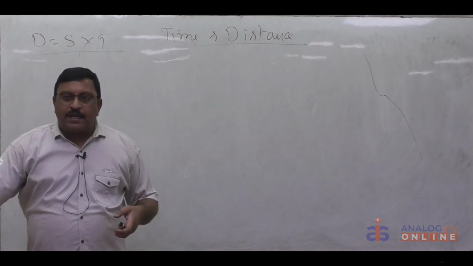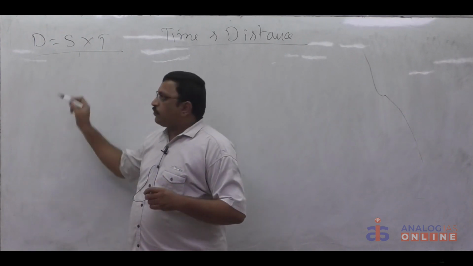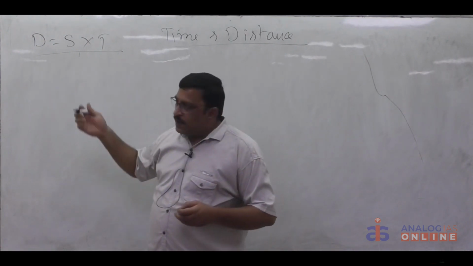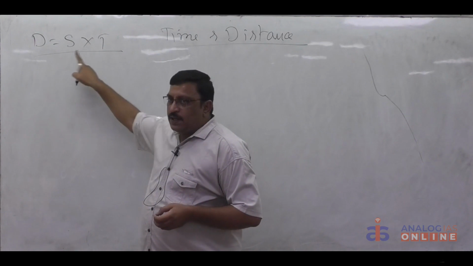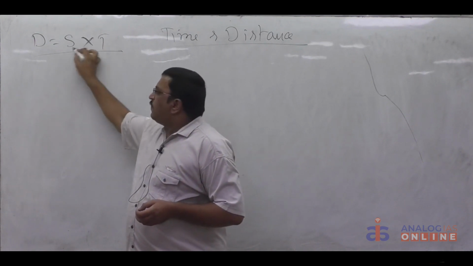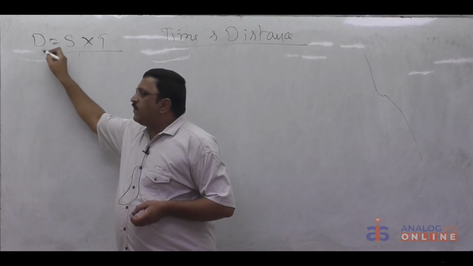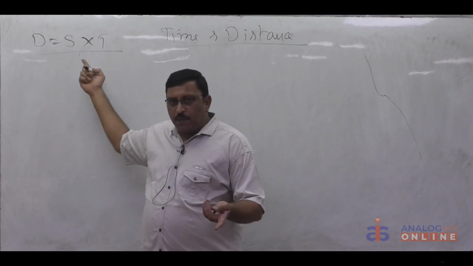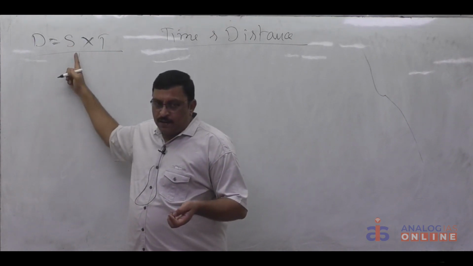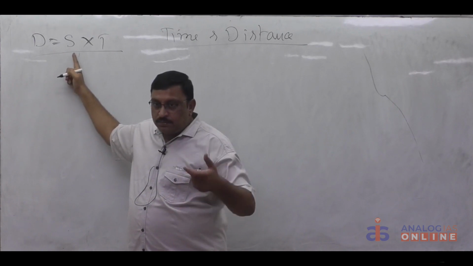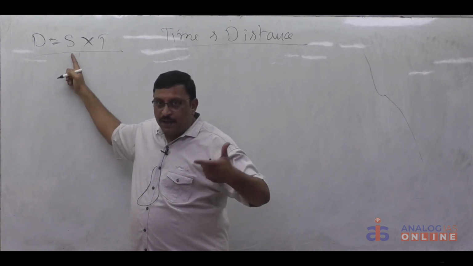Then speed and time are inversely proportional. If there is a multiplication sign between two variables, then it is inverse proportion. If there is an equal sign between them, then it is direct proportion. Distance and speed are direct.